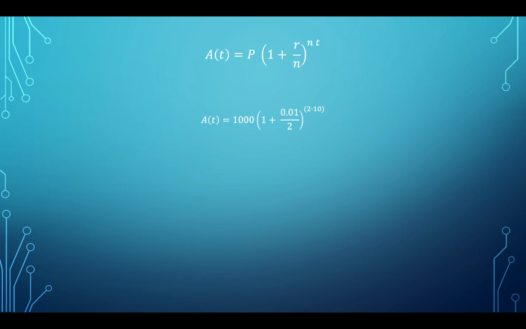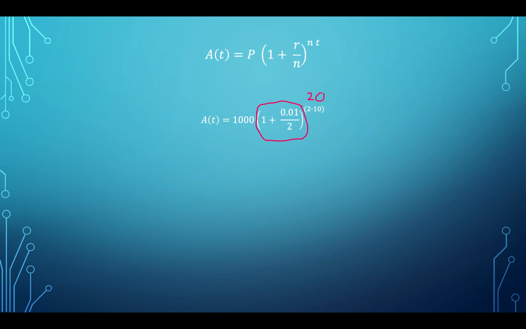So now we could go ahead and plug everything in for the letters. So we're going to sub in 1,000 for P, 0.01 for R, 2 in for N in both spots, and 10 in for years. First thing I would do is multiply this 2 times 10 and we get 20. And then I do 1 plus, open my parenthesis, 0.01 divided by 2, close parenthesis.